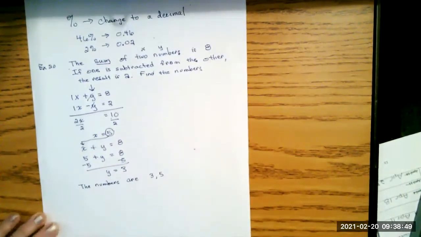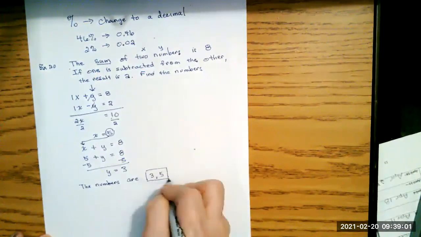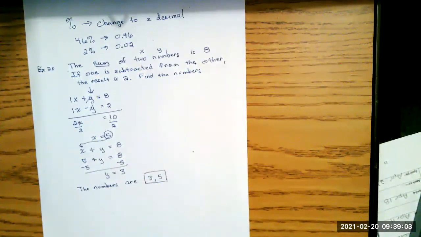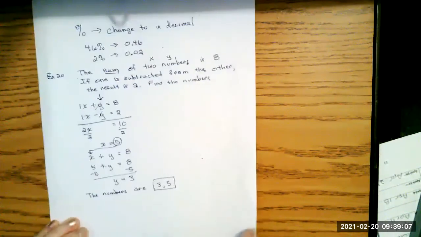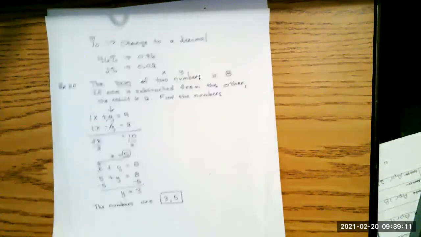Notice I don't put it in an ordered pair. I don't have to put the x first. I can just put either number down first. So I can put it any way I want to. It'll be a little box for you to put it in there. You don't put it in an ordered pair. It is just a word problem and asking for two different numbers. You don't have to put them as x comma y.